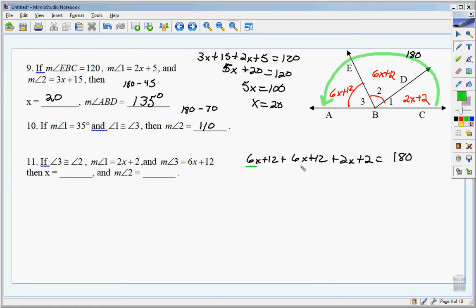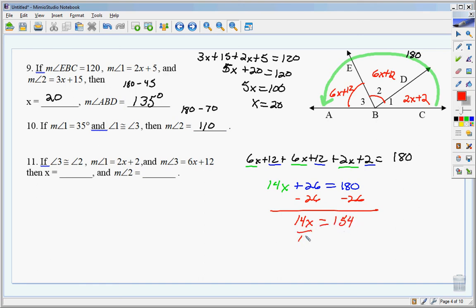Putting together my like terms, 6x and 6x is 12x, and 2 more x is 14x. 12 plus 12 is 24, plus 2 more is 26. If I subtract the 26 from both sides, I now have 14x is equal to 154.